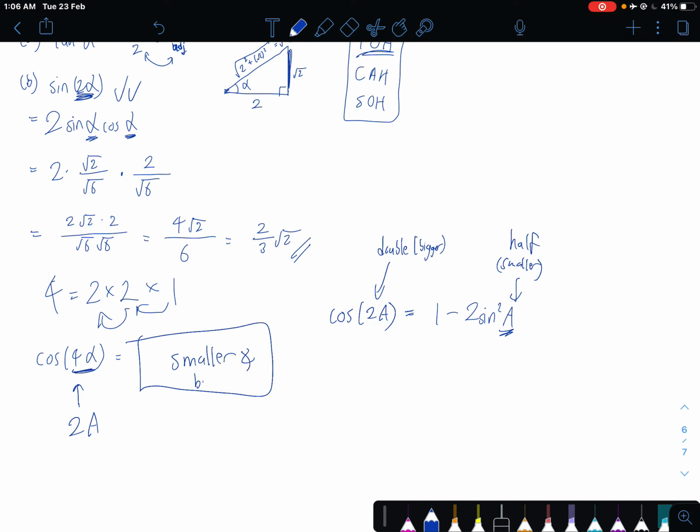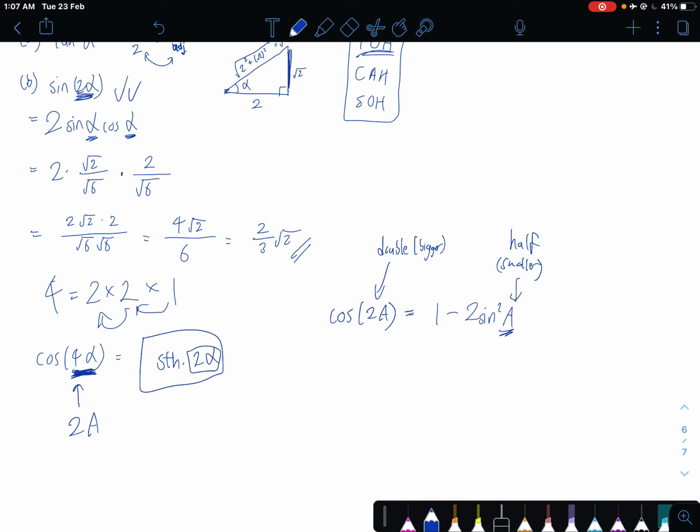Smaller by half. Just times half. So 2 copies is 4 alpha. If you want 1 copy, half of 4 alpha, what would that be? It will simply be 2 alpha, right? So every angle inside here will be 2 alpha.